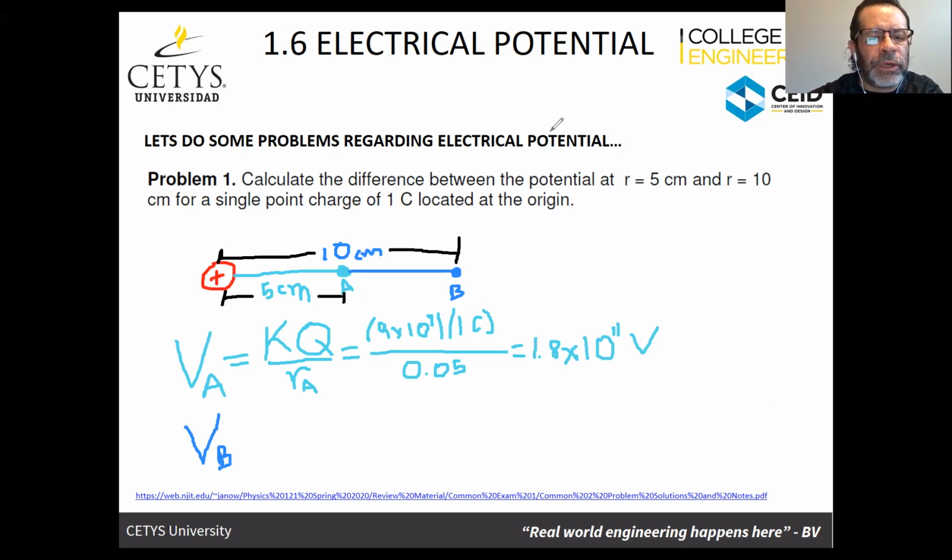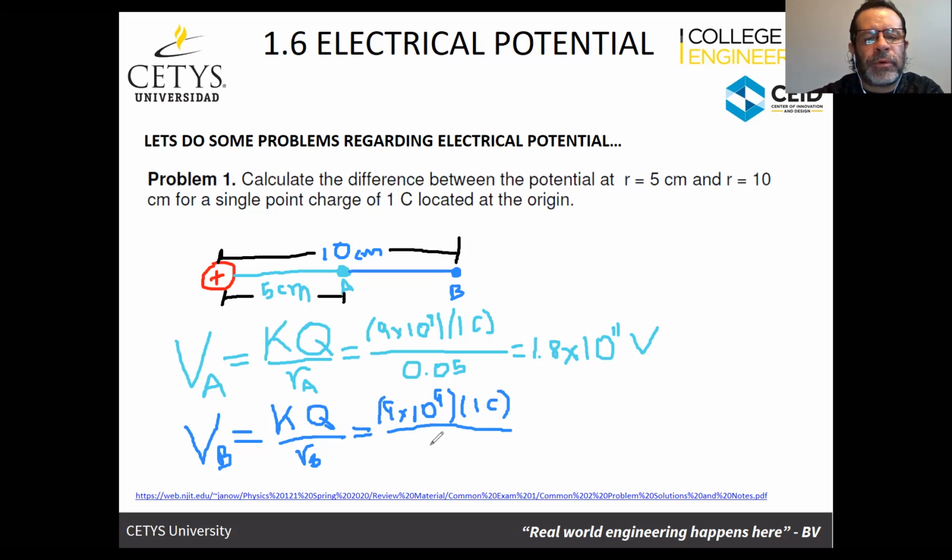Now, what is the potential in point B? The potential in point B is going to be K, Q, over R, B. And this is going to be 9 times 10 to the 9 multiplied by 1 coulomb divided by 0.1.